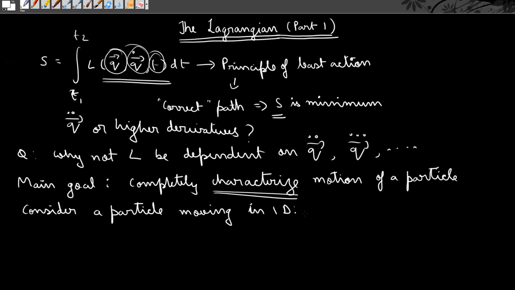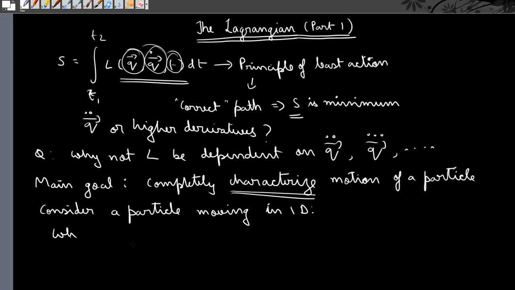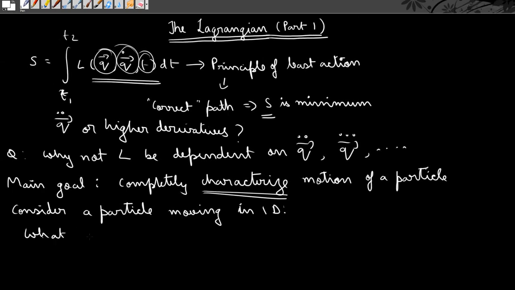Now, what are the different things that we need to characterize the motion of a particle in one dimension?